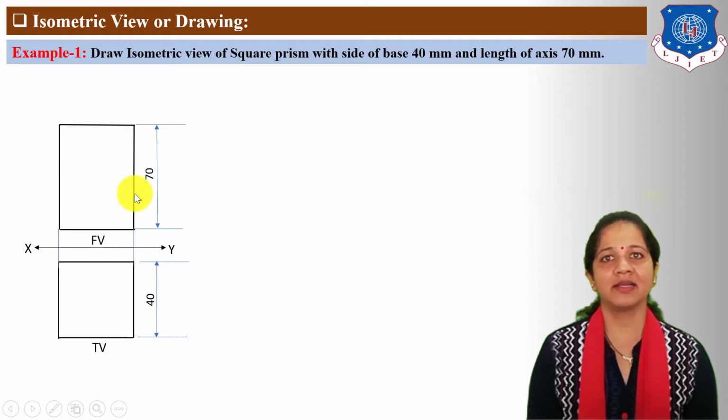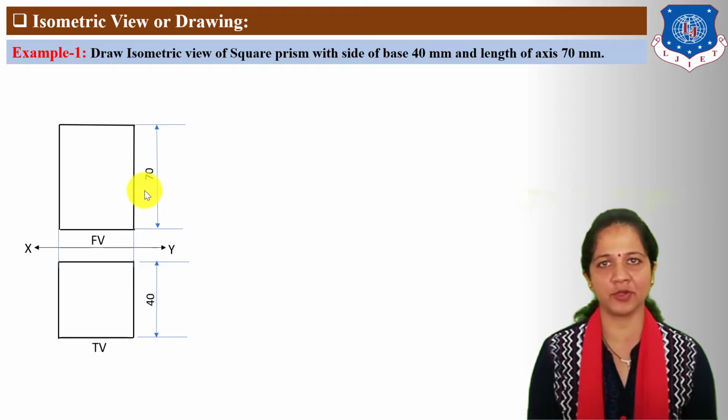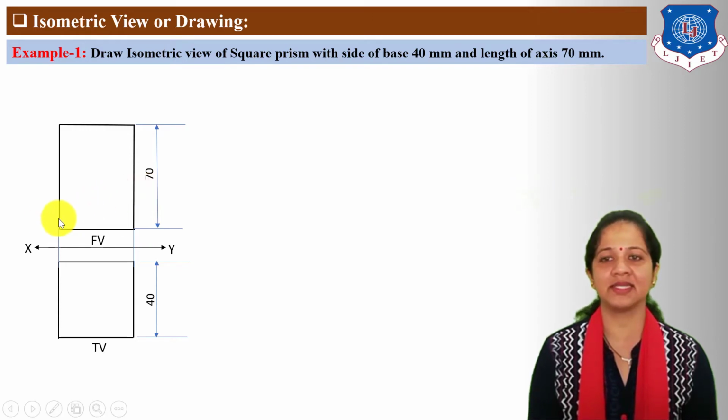We know that any prism has rectangular faces, so if a prism is in standing position on its base, then its front view looks like a rectangle.